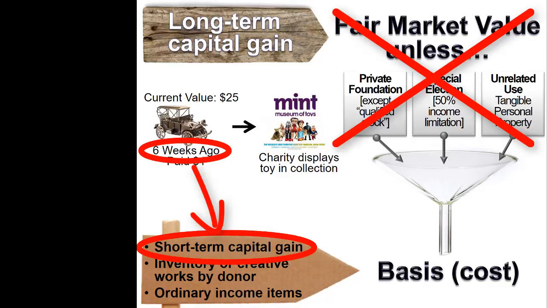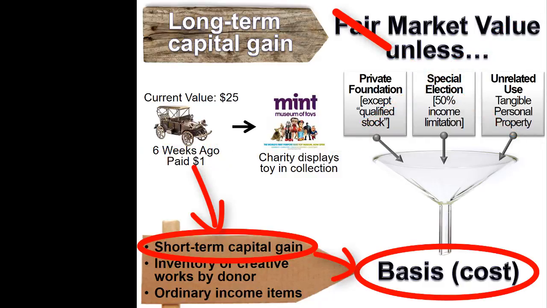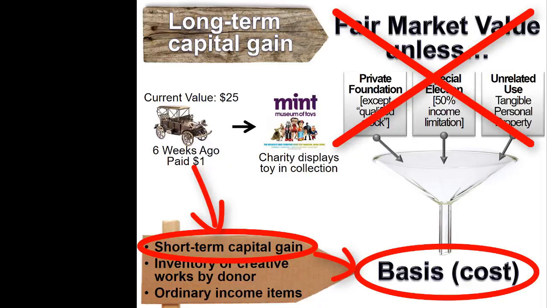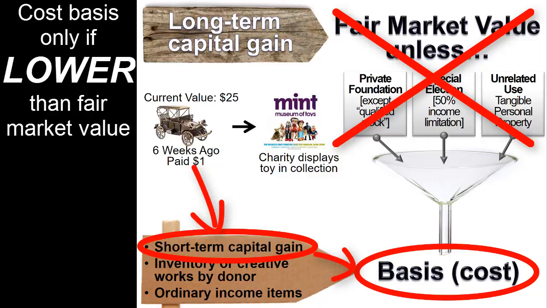The gift must be valued at the lower of fair market value or basis, regardless of its usage by the charity. These exceptions are irrelevant because, as short-term capital gain property, this item may be valued only at cost basis. As always, valuing at cost basis assumes that the cost basis is less than fair market value.